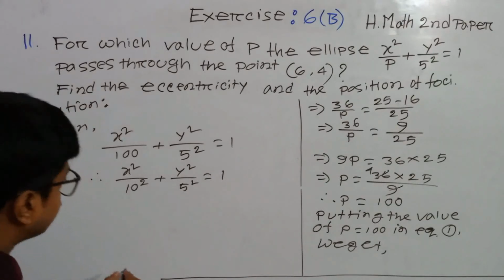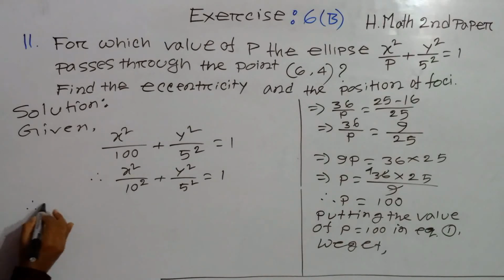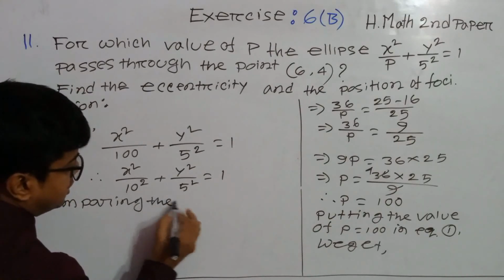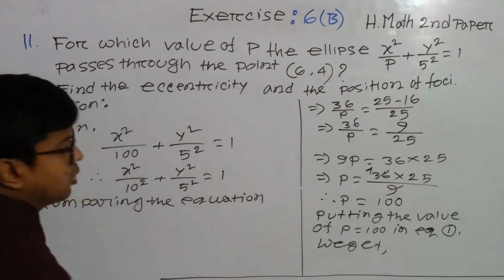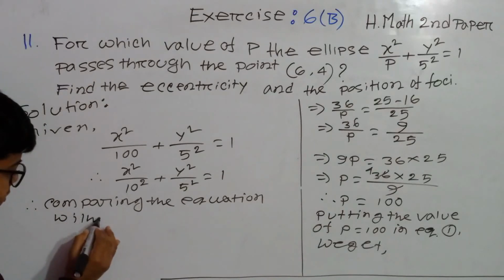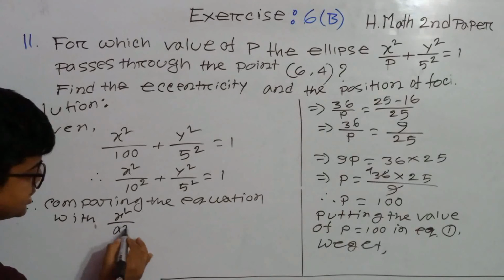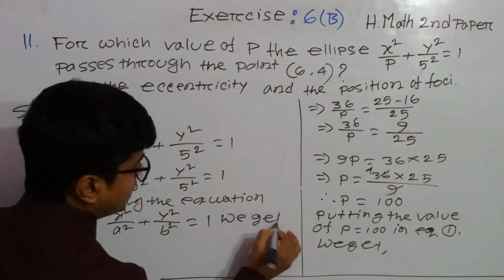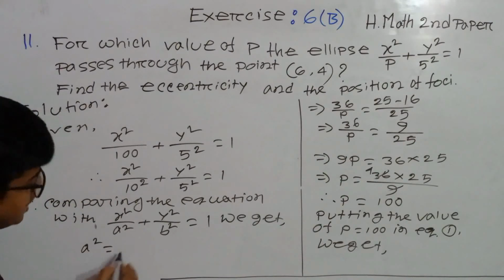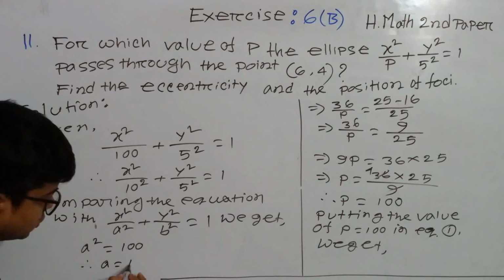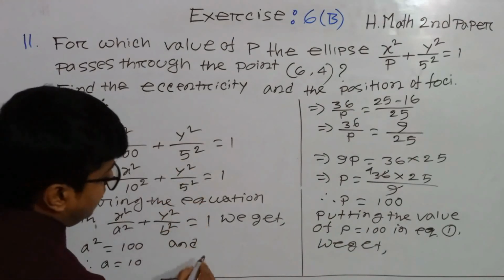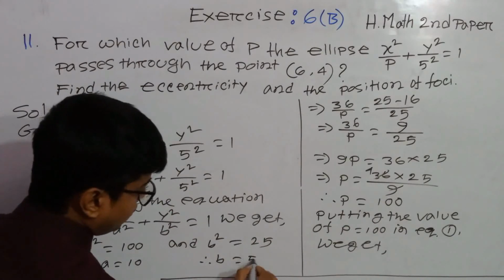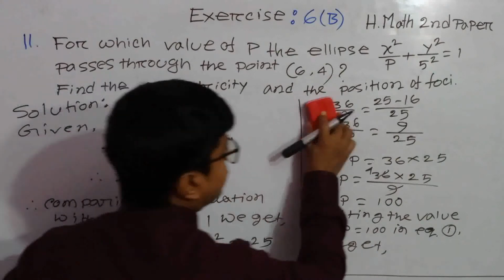Now comparing the equation with x squared by a squared plus y squared by b squared equals 1, we get a squared equals 100, therefore a equals 10, and b squared equals 25, so b equals 5.